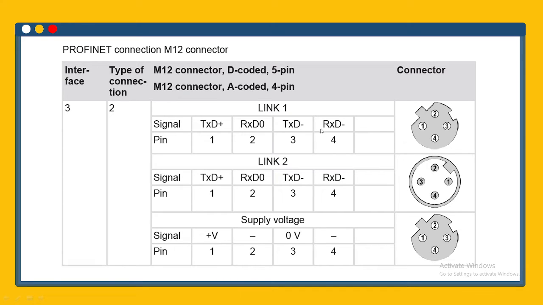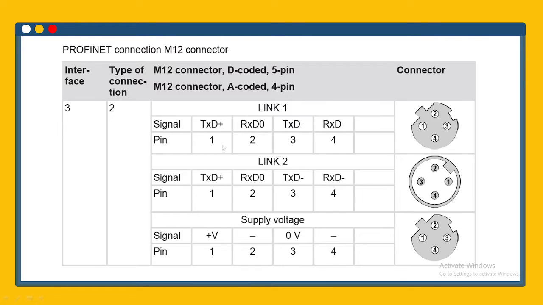If you just want to connect with the PLC, then you can use just one link, no need for the second link. If you want another loop in or you want to connect multiple encoders, then you can use both link 1 and link 2. You can ring your network, but we are going to connect one encoder directly to the PLC. So we will just connect one Profinet cable to this link 1.